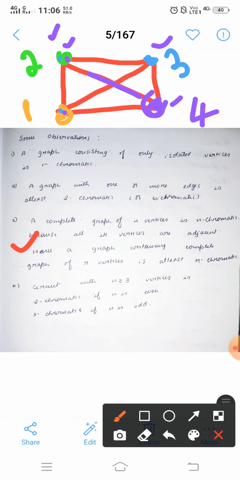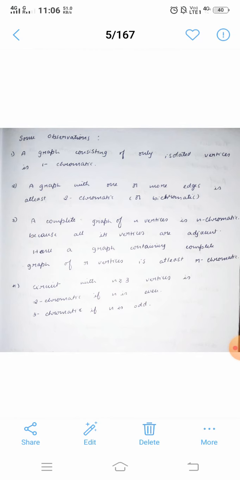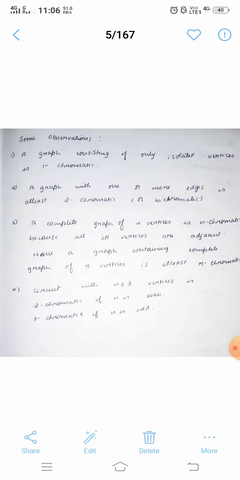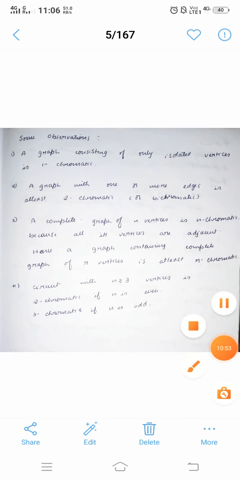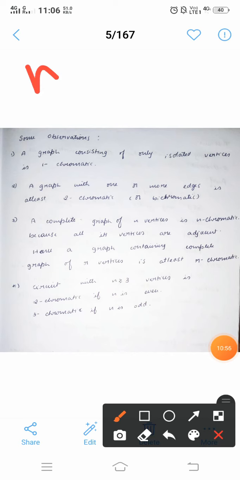In the same way, the complete graph with 5 vertices is also 5 chromatic. 6 vertices is also 6 chromatic. In a complete graph, all the vertices are adjacent to each other, right? So we can't reuse the colors. If I have a complete graph with n vertices, then n minus 1 vertices are adjacent to the nth vertex.